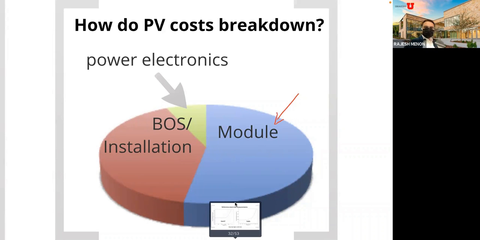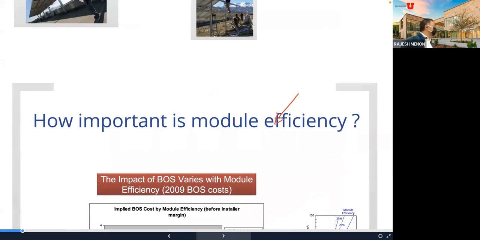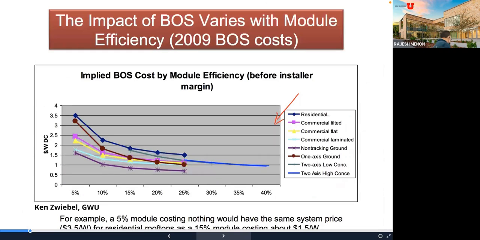This was something that has been recognized for a while, and it has to do with efficiency. So how important is module efficiency? This was studied several years ago by some folks at George Washington University, I'm just picking one example, where they plotted the dollars per watt, so the electricity cost, on the vertical axis versus system efficiency on the horizontal axis.